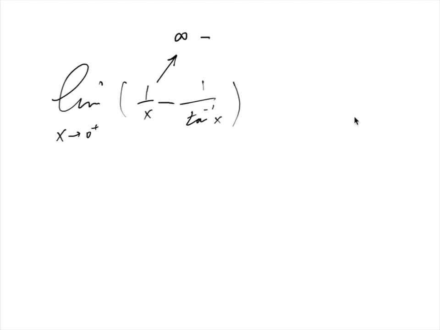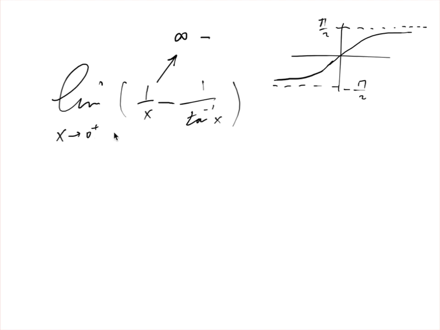For arctangent, we should look at the graph of arctangent. It looks like this. It has a horizontal asymptote at pi over 2, and another one at minus pi over 2.